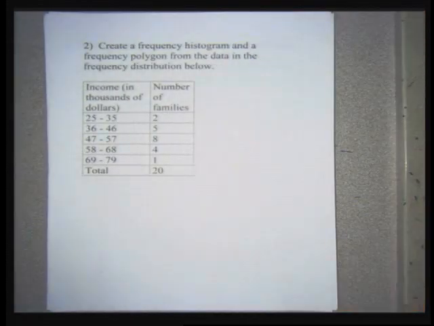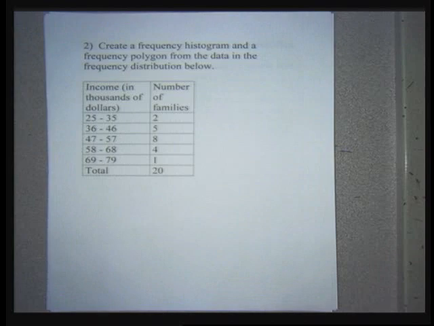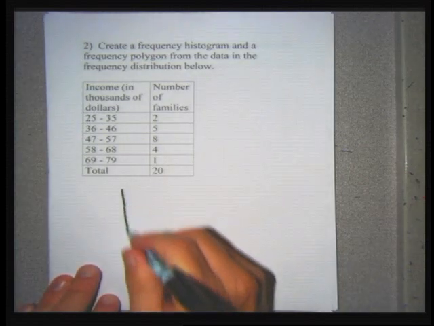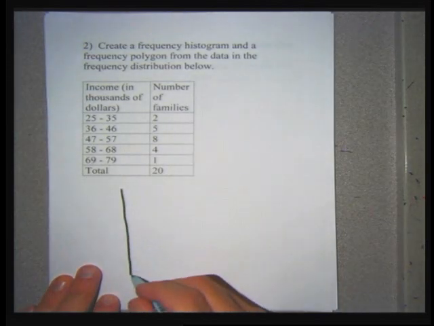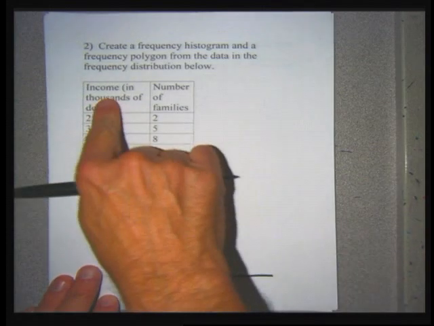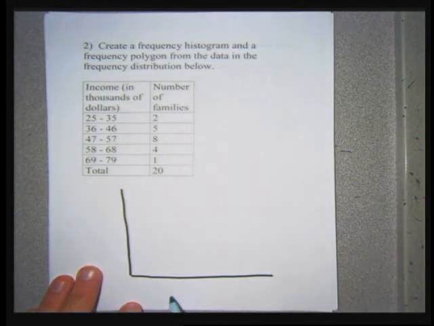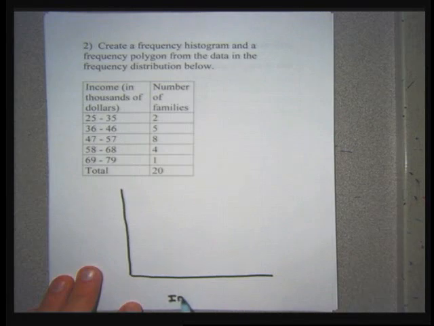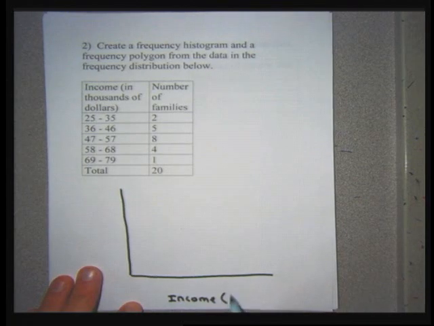Problem 2 wants me to make a histogram and a polygon, and I'll do it on the same graph. So I'm going to make a kind of first quadrant of a Cartesian coordinate system. The x-axis I'm going to call income, and I could write in thousands of dollars if I want, but income would be sufficient.